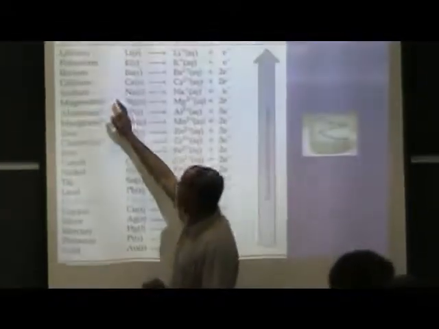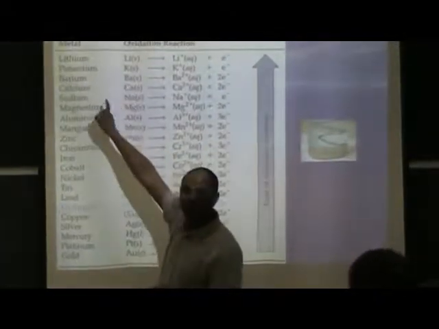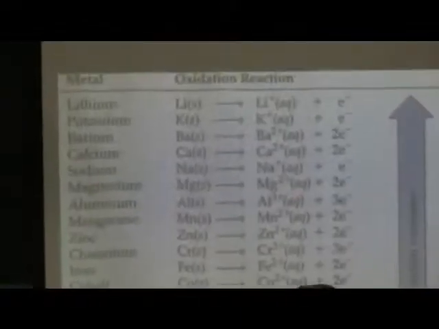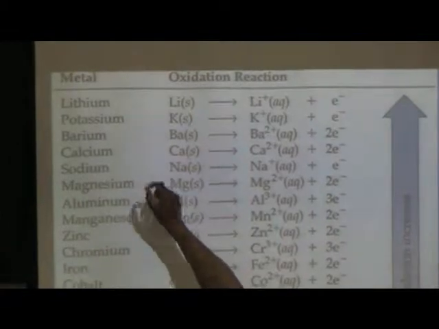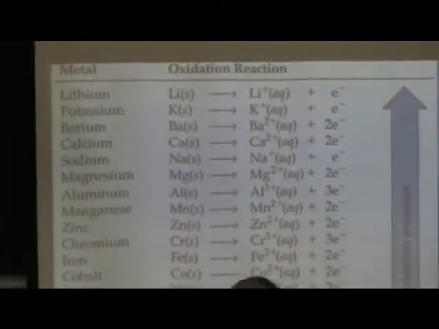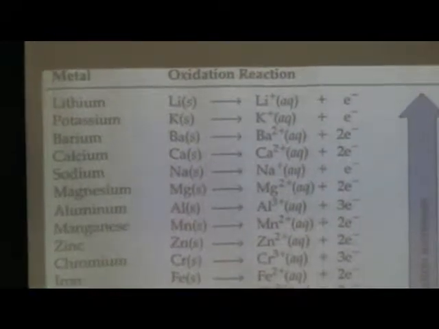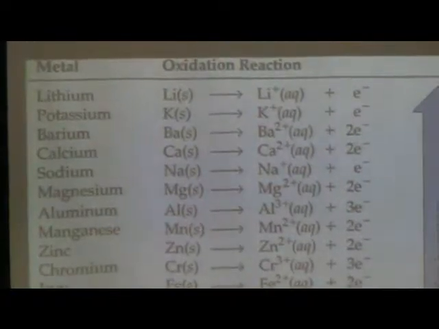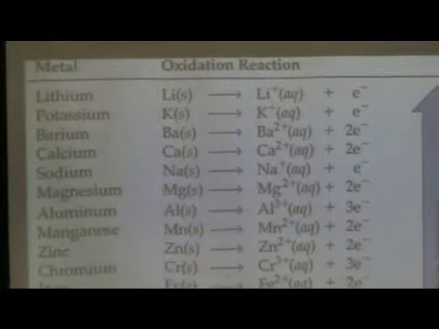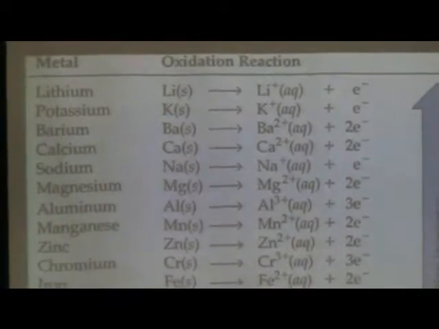What you need to do is look at the first 5 elements on the top, and the last 5 elements on the bottom. What do you see? What is the common thing that you see on the first 5 elements? They are members of what? Group 1 metals, and some of them are group 2. Lithium, potassium, barium, calcium, sodium, magnesium.